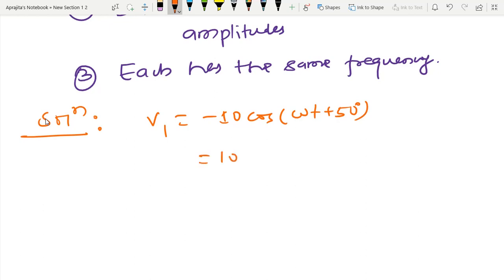I can rewrite this as an equivalent function: 10 cos(omega t plus 50 degree minus 180 degree).